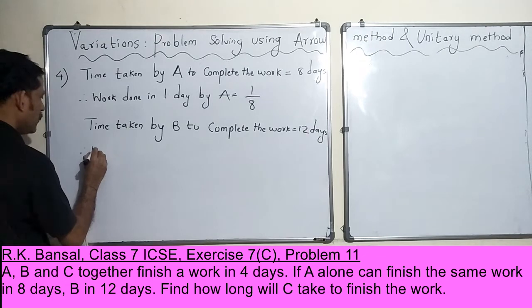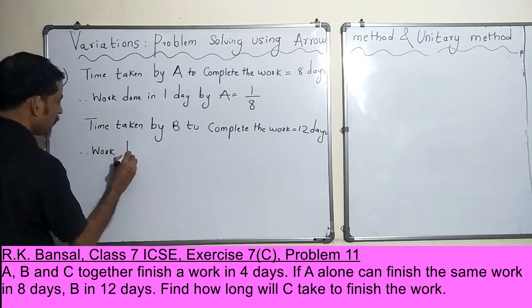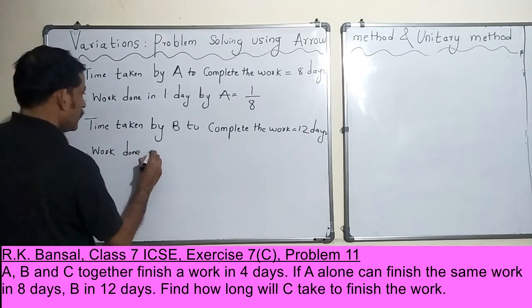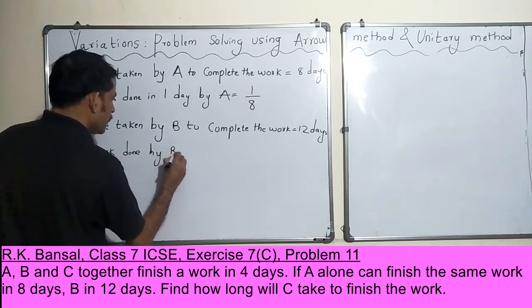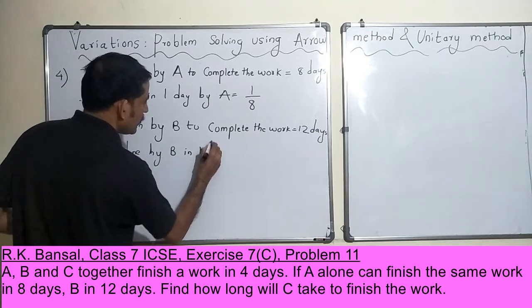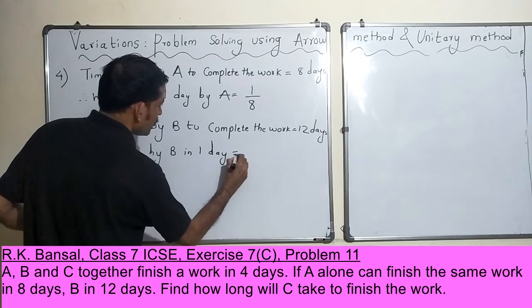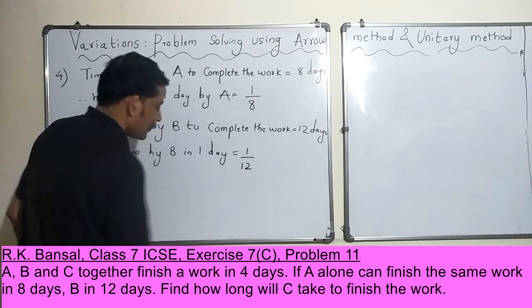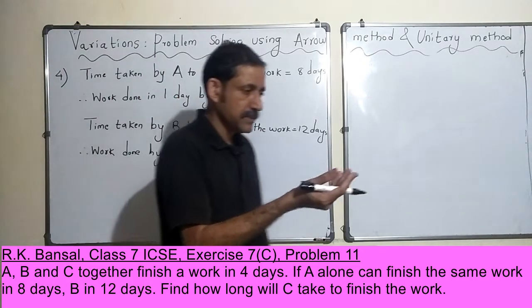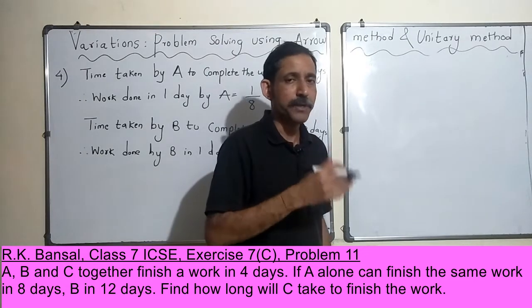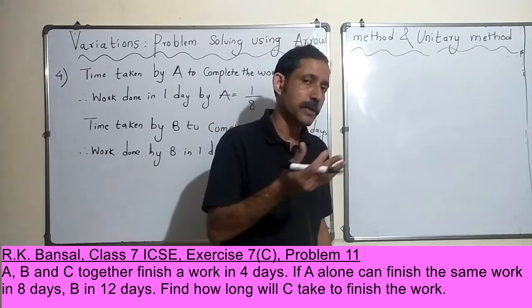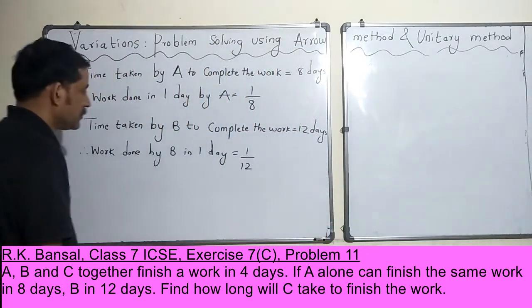Therefore, work done by B in 1 day. Can I say 1 by 12? Correct, no? 12 days he takes to finish the work. So in 1 day he would be done with only 1/12 of the work. Okay, that is good.